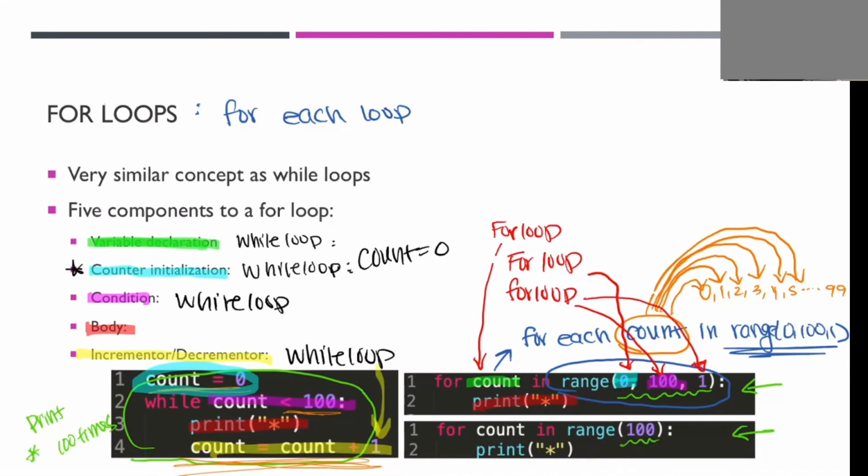I know this is a little bit confusing, but if I were to summarize it as one line of how a for loop would work, it's for and then the variable, so your count, in range from your start, end, and then incrementation.